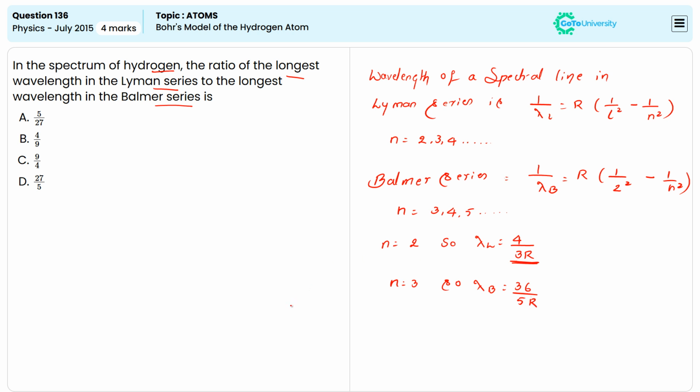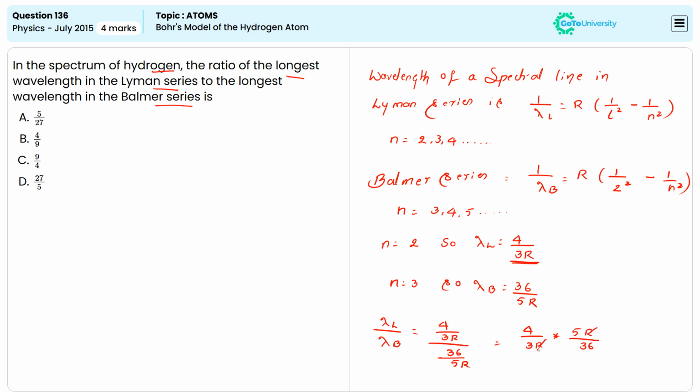Then we can find the ratio lambda L divided by lambda B. By substituting the values, 4 divided by 3R divided by 36 divided by 5R, we get 4 by 3R into, in the reciprocal format, 5R by 36.